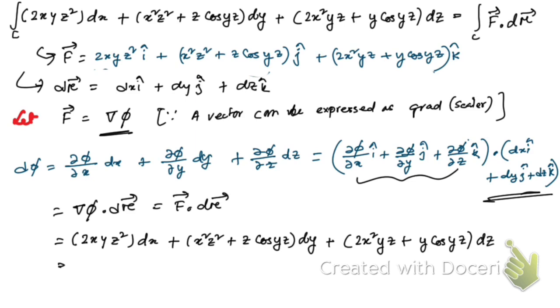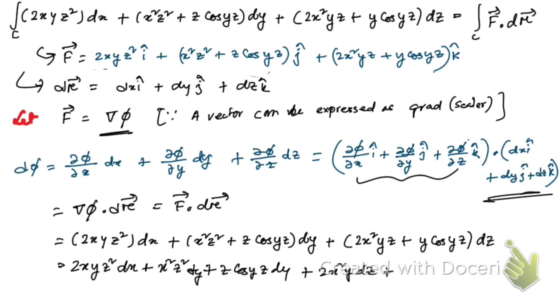Let's open the brackets: twice x y z square dx, then x square z square dy, then plus z cos yz dy, then plus 2x square y dz plus y cos yz dz. That's what we have got. So this is nothing but d phi. Now let me copy this last step and go to the next slide.